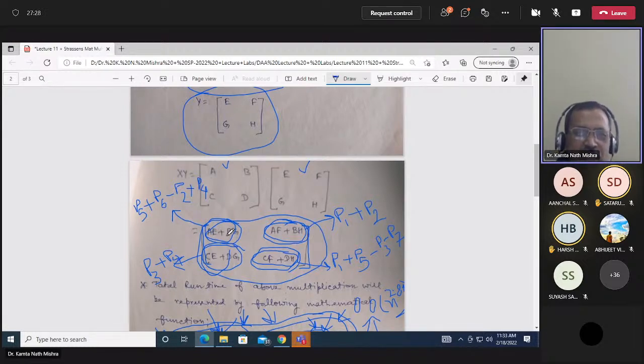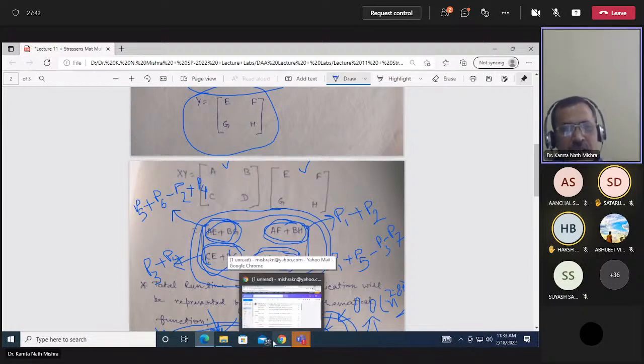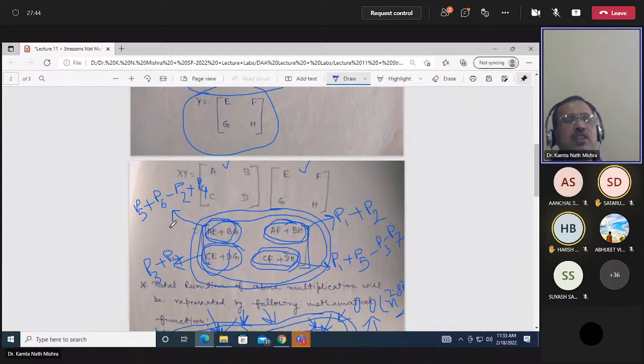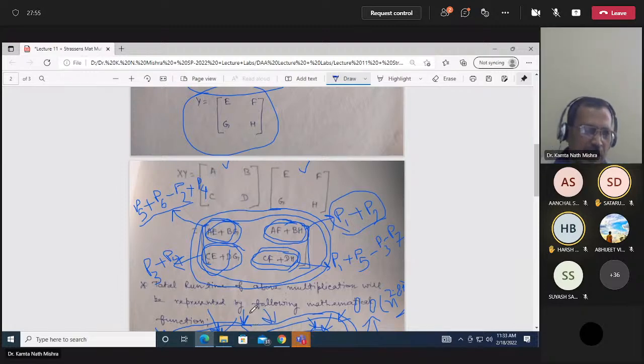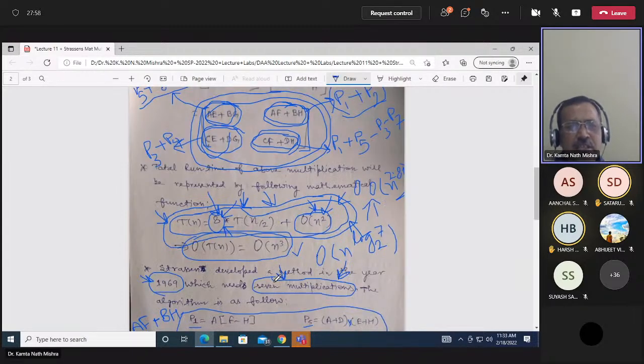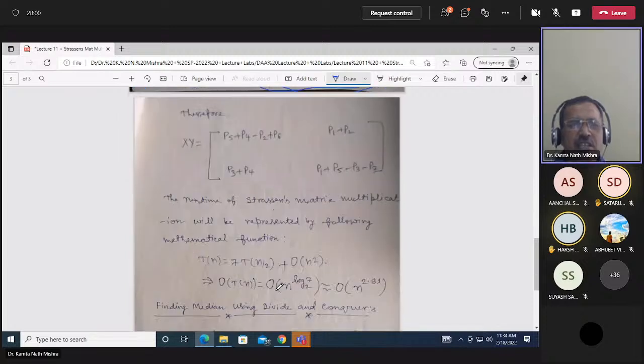Within the bracket, whatever is in the form of A, B, C, D, E, F, G, H that I have written within this circle is the brute force method, and outside the circle, in the form of P1, P2 up to P7, all these represent Strassen's matrix multiplication.